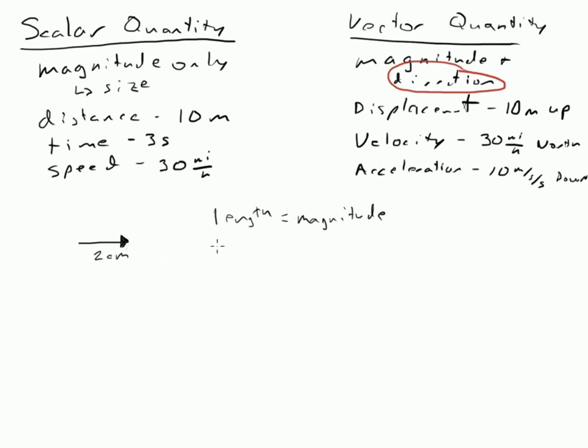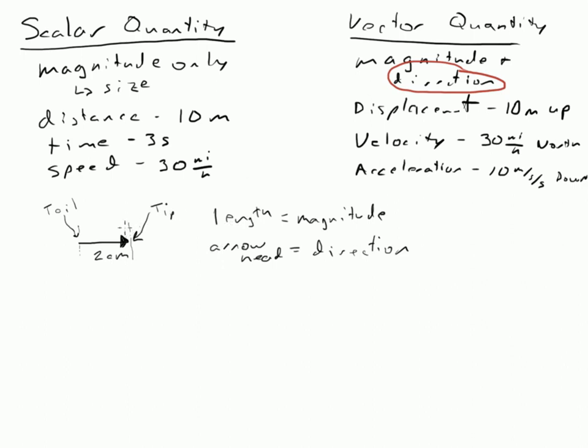So the actual arrowhead represents the direction. So now we have a vector. Alright, now be sure that the length, the entire vector, is the 2 centimeters. And this part of the vector we refer to as the tip, and this part of the vector we refer to as the tail.